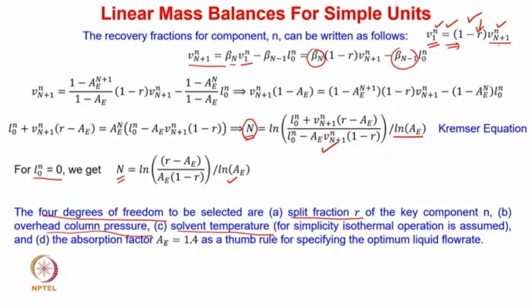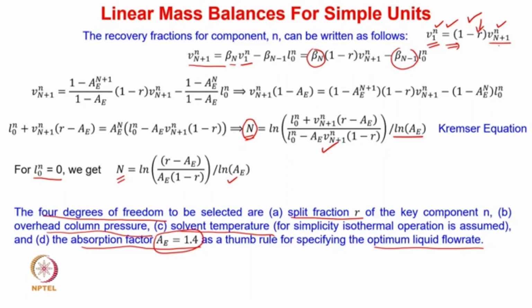We can assume isothermal operation in the entire absorption unit, and we also have to specify the absorption factor A. If we specify the absorption factor, we can automatically calculate the liquid flow rate which is coming in. Okay. So the thumb rule used is an absorption factor equal to 1.4.